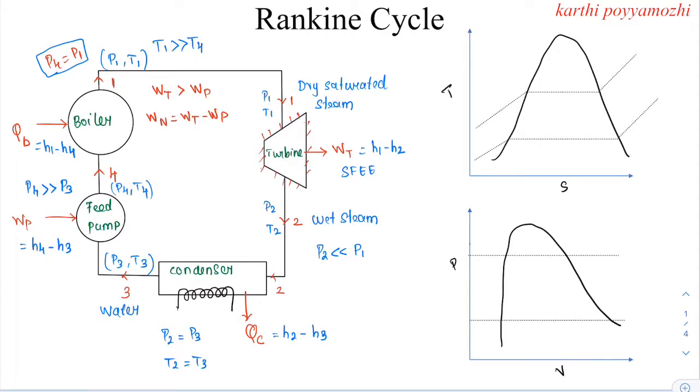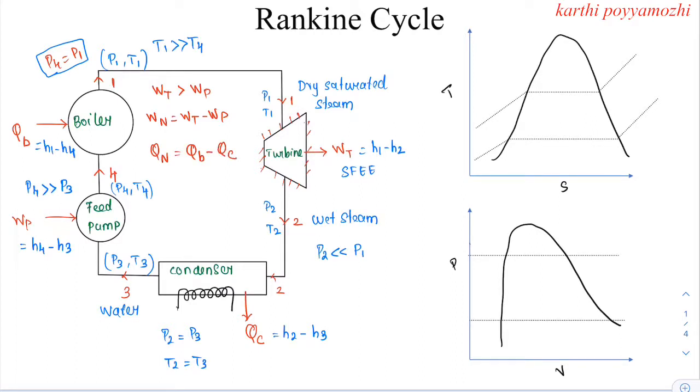Okay, and the heat which is given to the system and the heat which is being rejected from the system is considered to be the net heat, and the net heat Qn will be equal to QB minus QC.